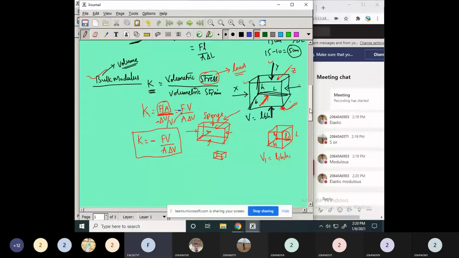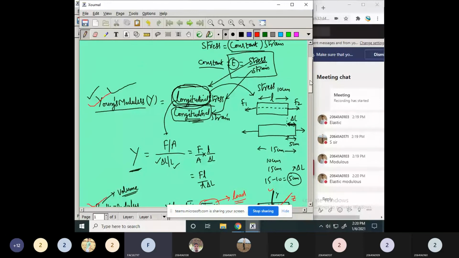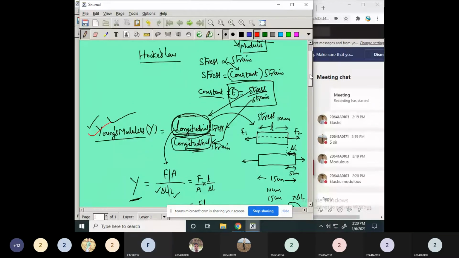But you are having three different elastic moduli. Here you are applying the longitudinal stress and you got a longitudinal strain, so this particular elastic modulus we consider as Young's modulus.